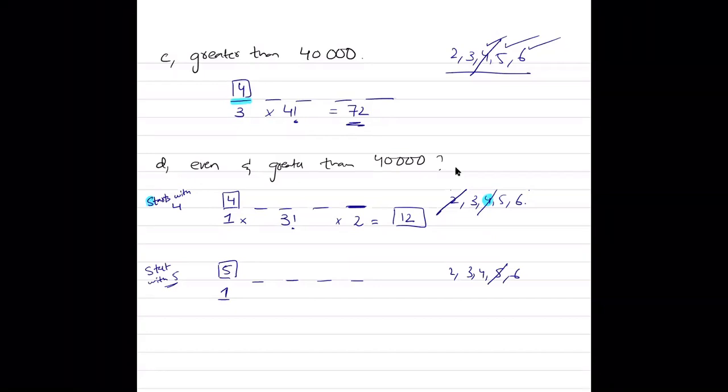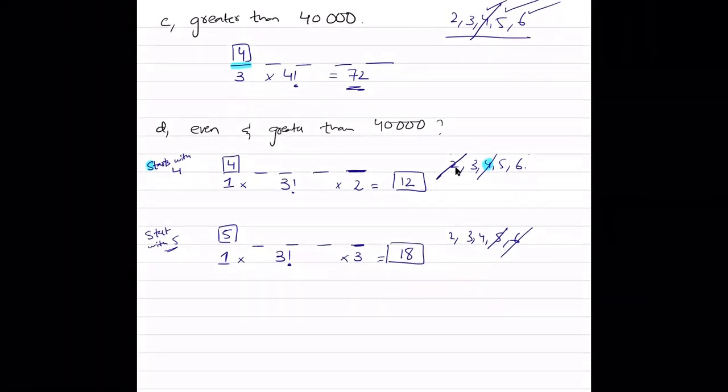How many options would I be left with for the last position? 3. So that's 3 options. Now you may cancel out any of the even numbers. Let's say I cancelled out 6. So the remaining 3 digits can arrange themselves in 3 factorial ways. So 3 factorial is 6. 6 times 3 is 18.